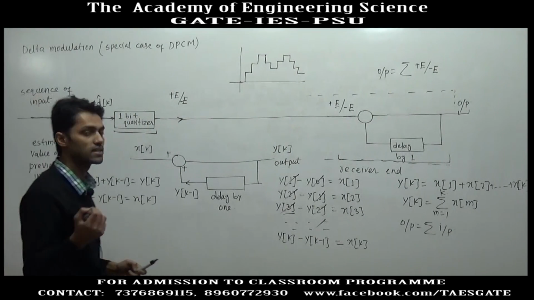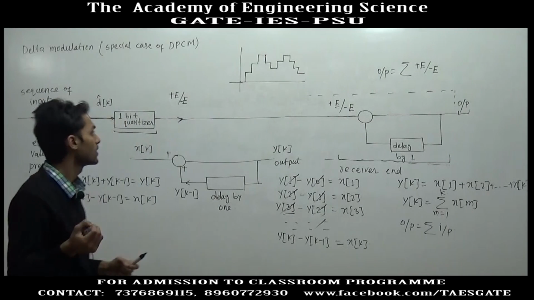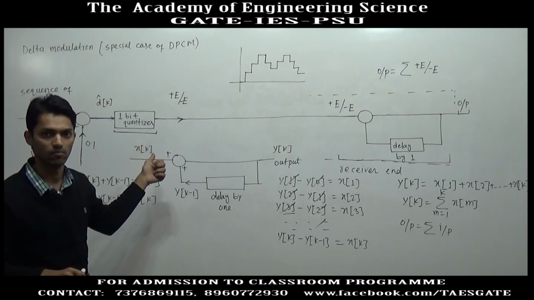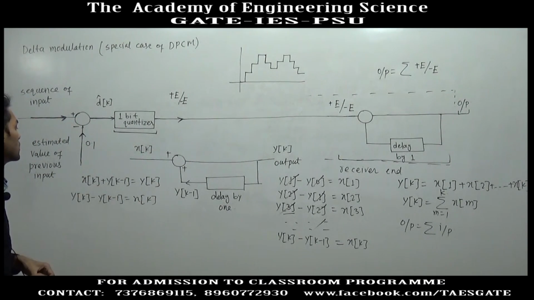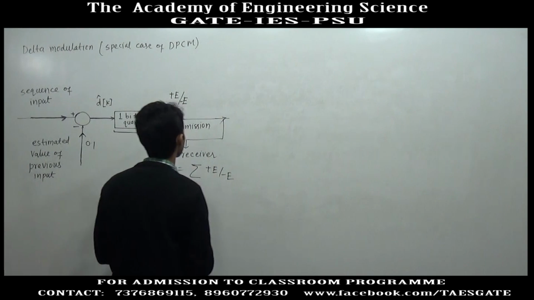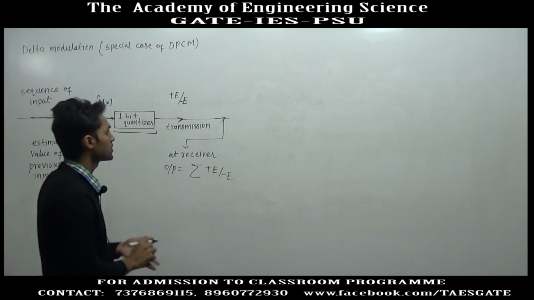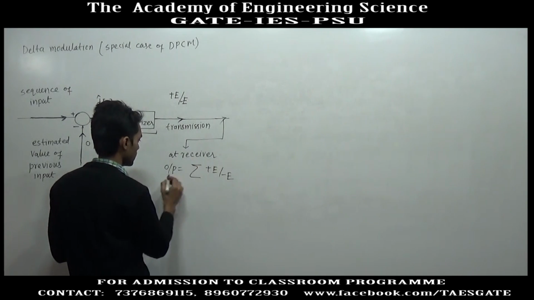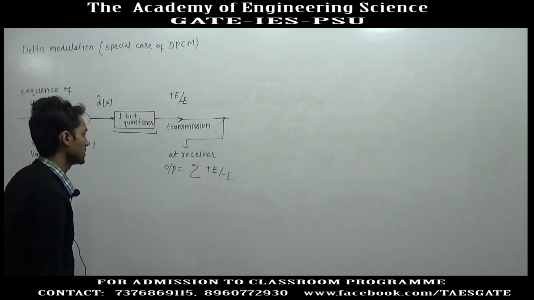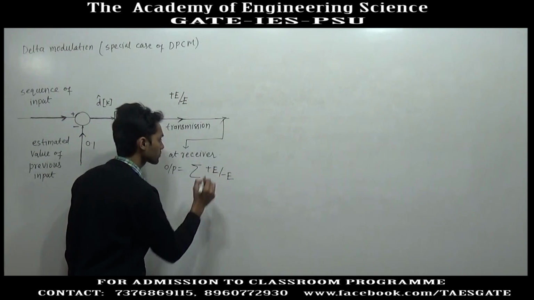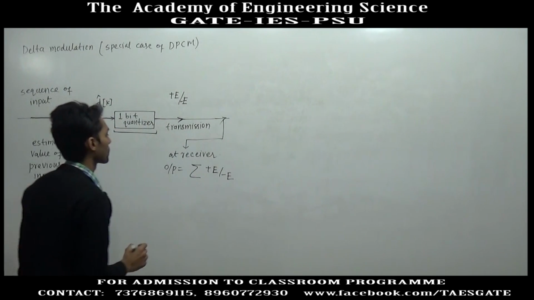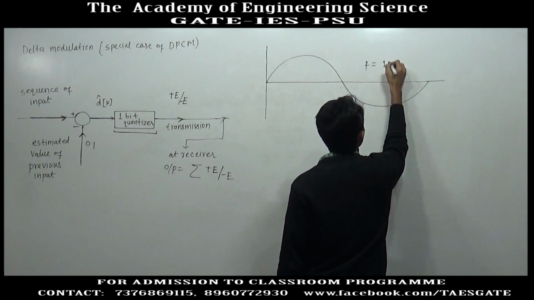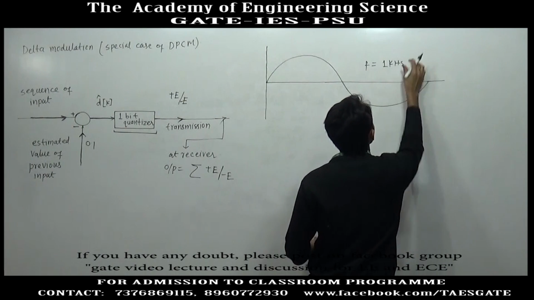So, now we will take an example. We will take a sinusoidal signal and we will try to transmit it with the help of this block diagram, or with the help of delta modulation. Instead of drawing the block for the receiver end, I am just writing that at the receiver the output will be the summation of plus E or minus E. Suppose the sinusoidal signal has a frequency of 1 kilohertz.